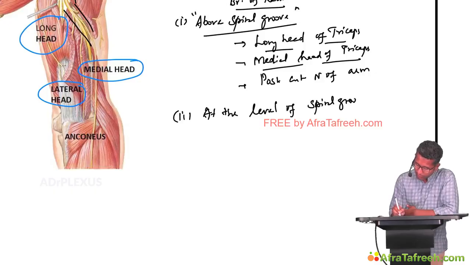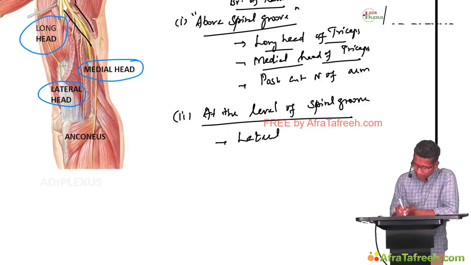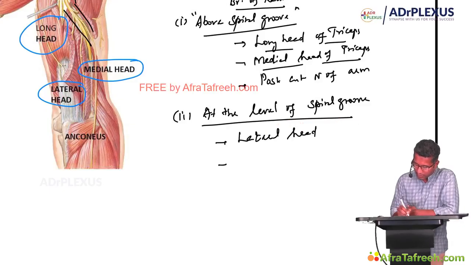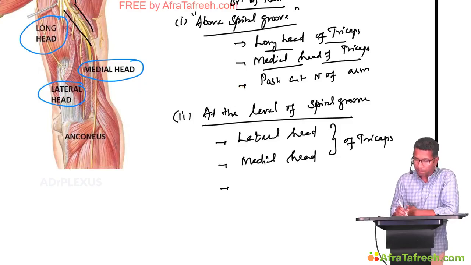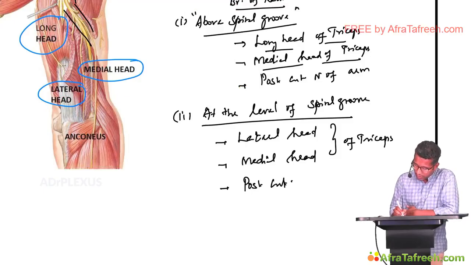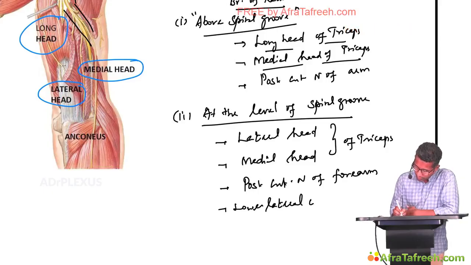Okay, so guys, very, very important. At the level of spiral groove, the radial nerve supplies the lateral head of triceps and the medial head of triceps. Next, the posterior cutaneous nerve of the forearm, and next is the lower lateral cutaneous nerve of the arm.